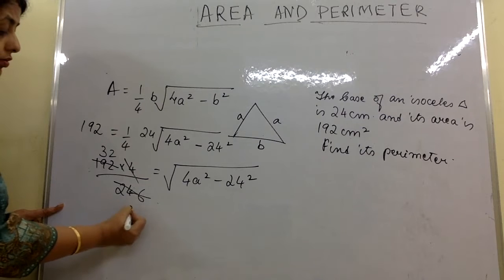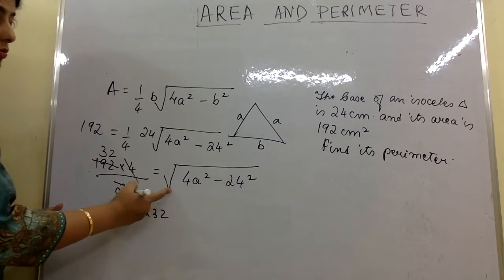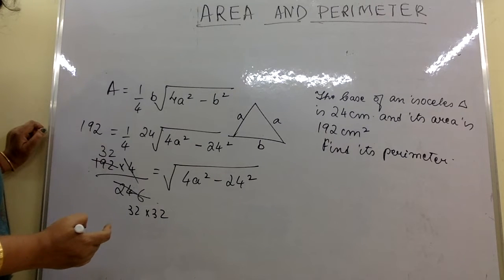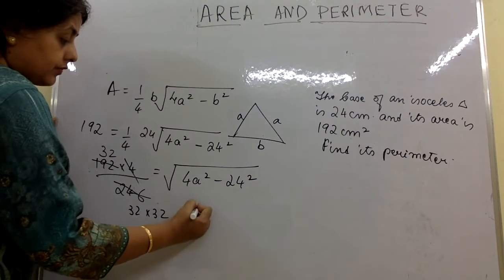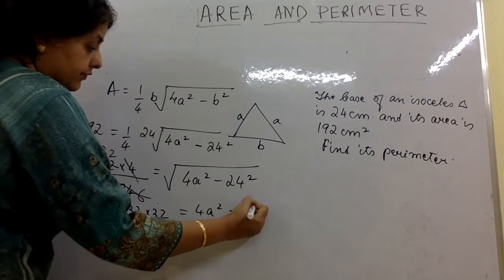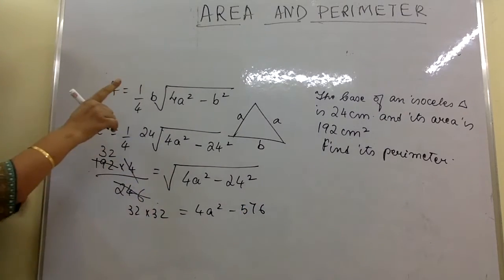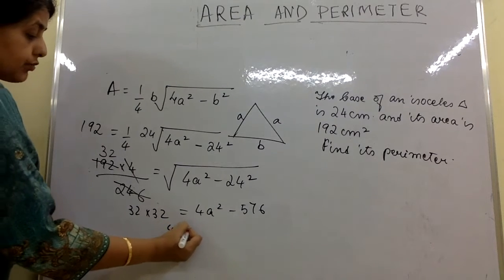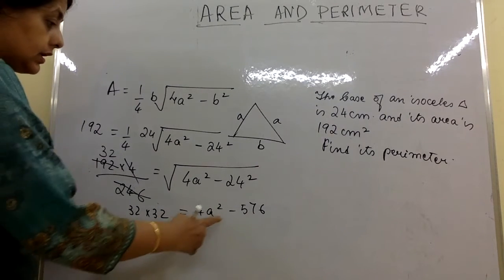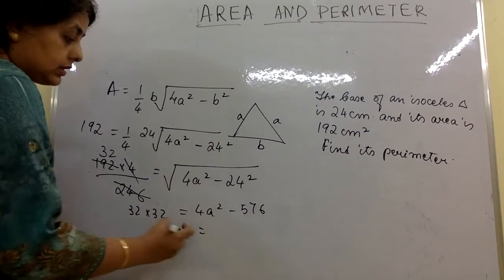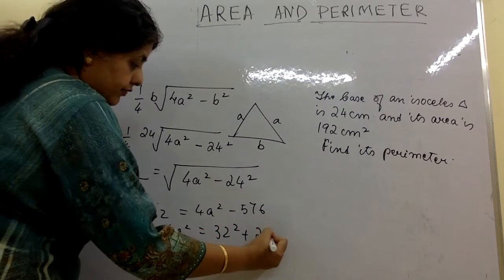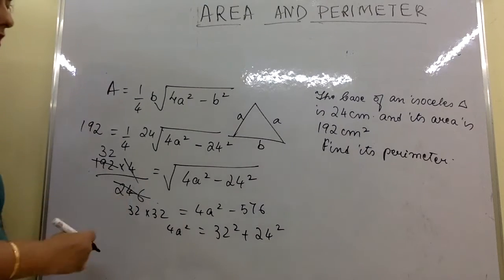So 32 square, because I have to remove this root. So 32 square equals 4a square minus 576, because I've also squared this. So 4a square is equal to 32 square plus 24 square, that I can also use.